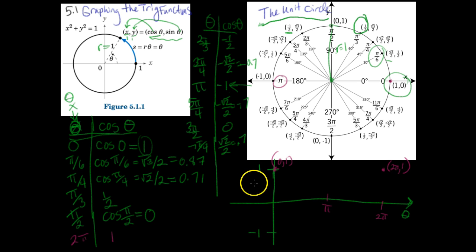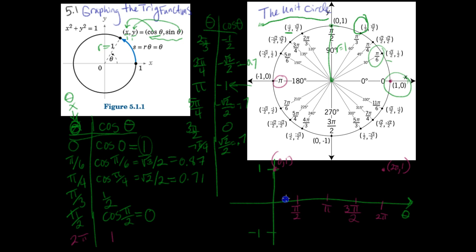Now, if we look at the other points in between, I just break it down this way. Half of pi is pi over 2. Between 0 and 2 pi, you could go pi over 2, 2 pi over 2, which is pi, 3 pi over 2, which is right here, and then 2 pi.